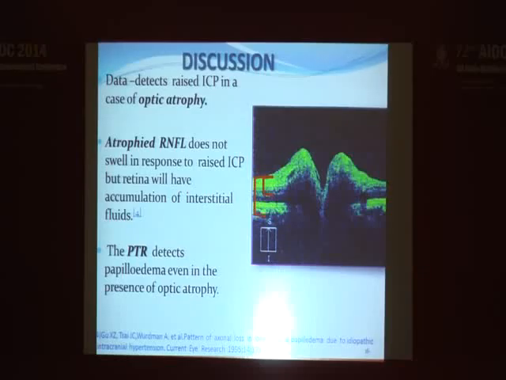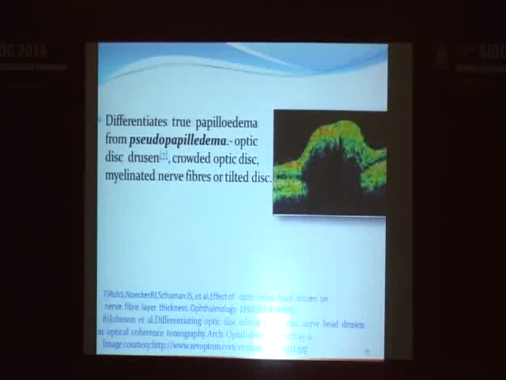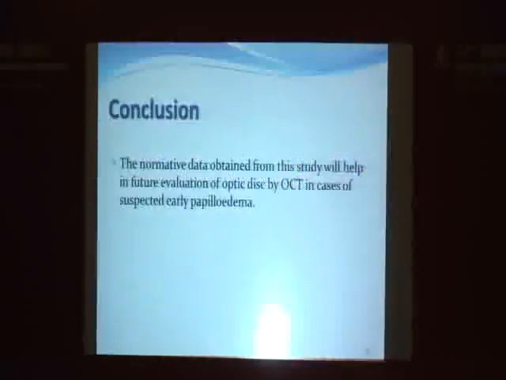Added advantages are that we will help differentiate other causes of pseudopapilledema like drusen, crowded disc, tilted disc, and myelinated nerve fibers. To conclude, normative data obtained from this study will help in future evaluation of the optic disc in patients who come to us with suspected early papilledema using the OCT.